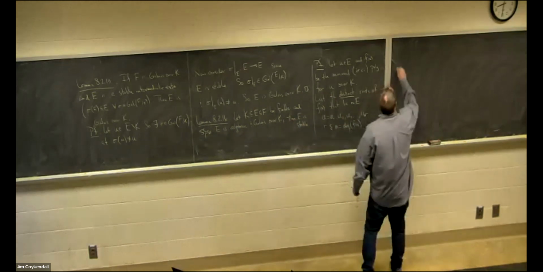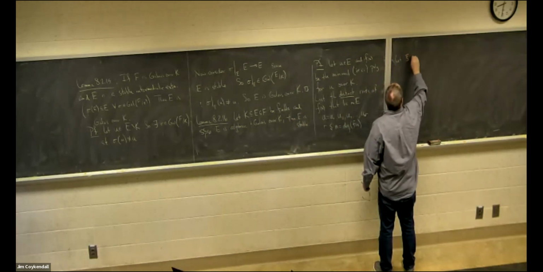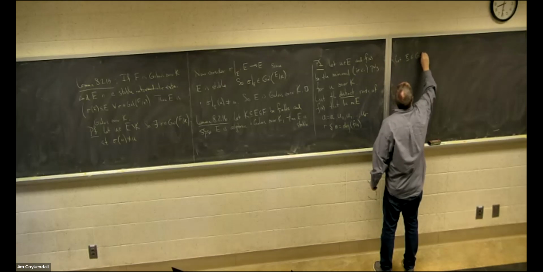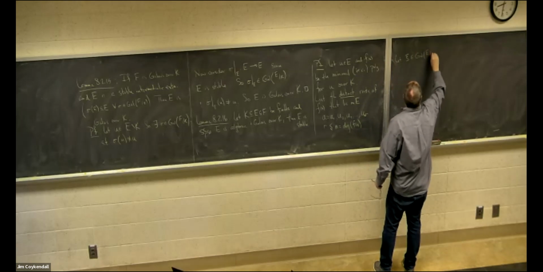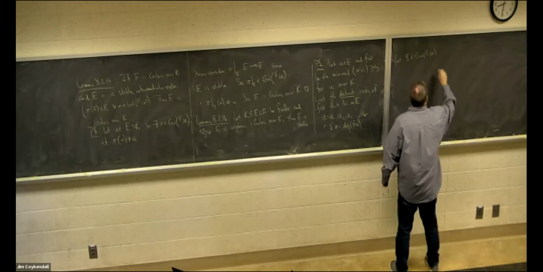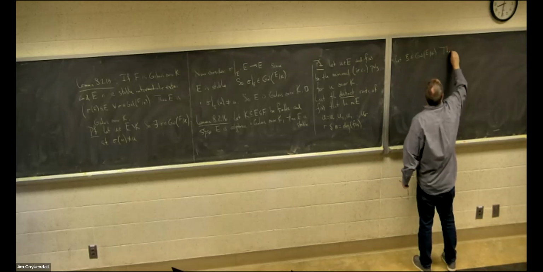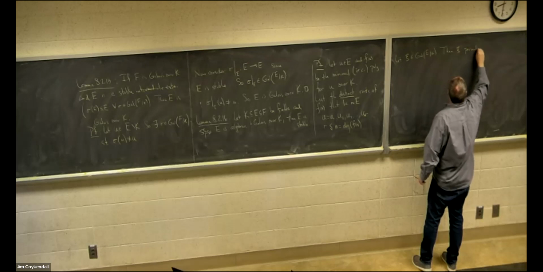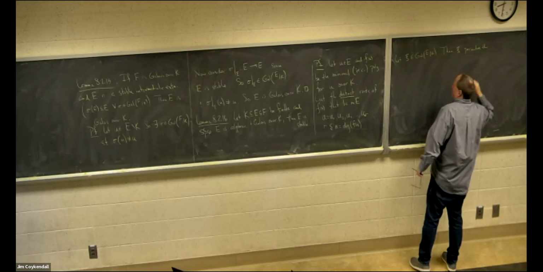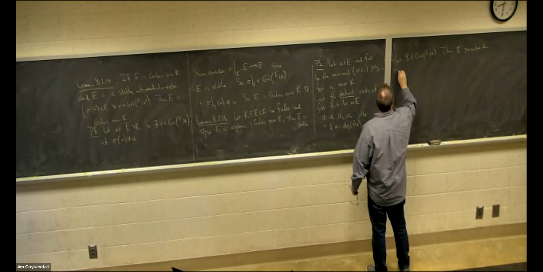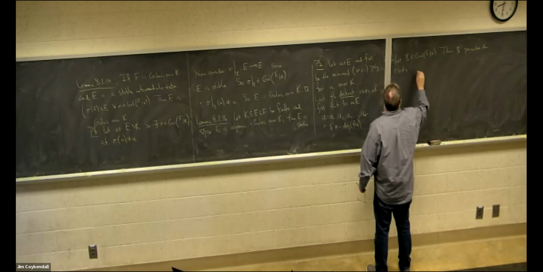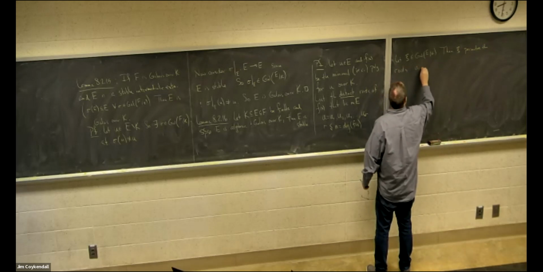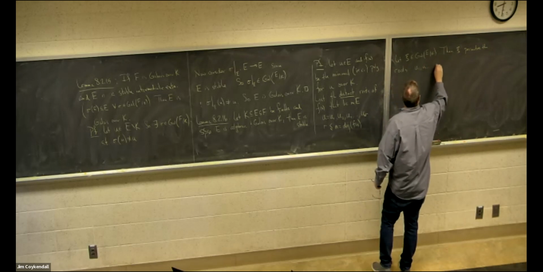So let sigma be in the Galois group of E over K. Then sigma permutes the roots U1, U2, UR.